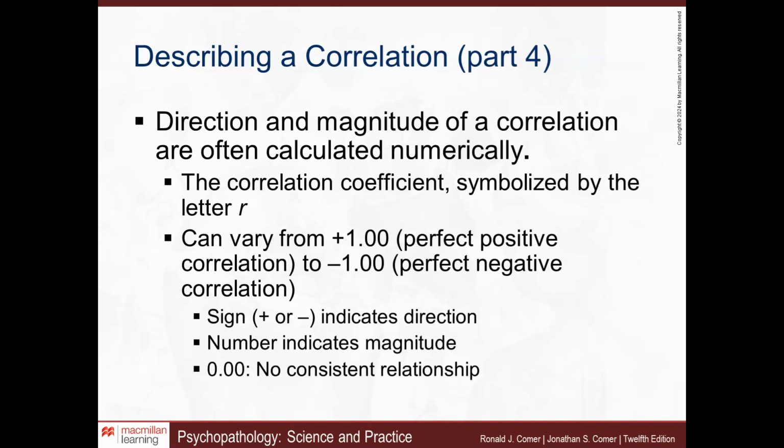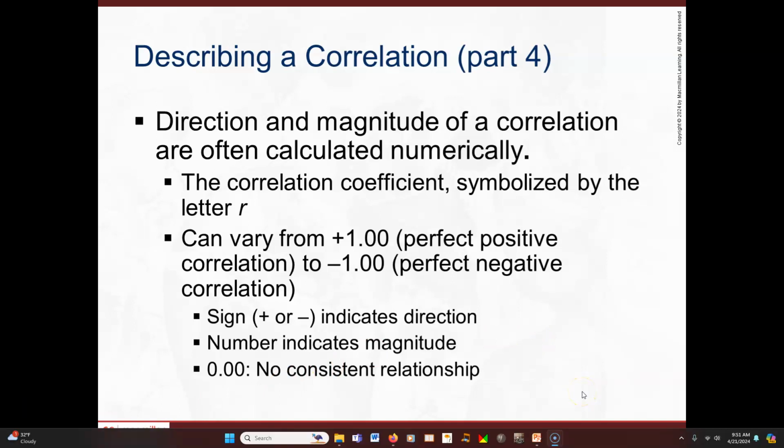The number indicates the magnitude or the strength of the correlation. The number 0.00 indicates that there is no consistent relationship.